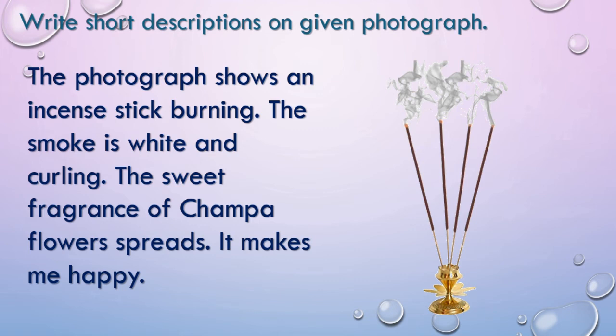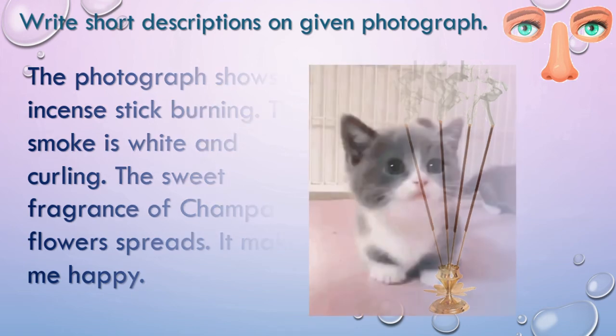And we have used our nose to imagine the fragrance of champa flowers through these incense sticks. Yes, we have used altogether two sensory organs to get the information about this picture. Correct?